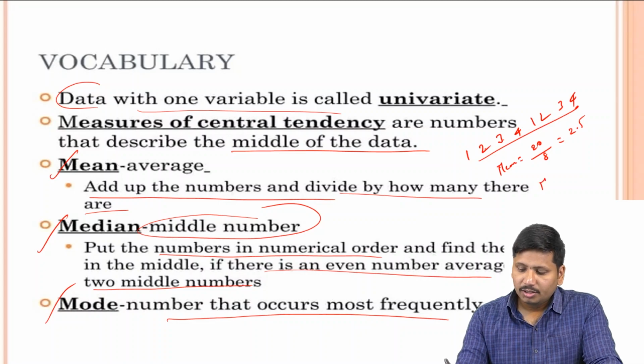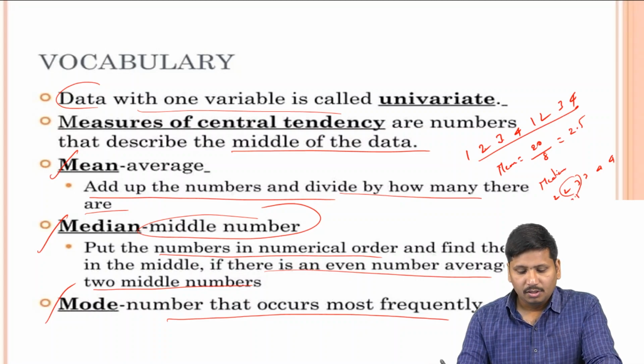And then median: how is the median going to be calculated? We have to arrange all the numbers in sorted order, and calculate the middle element. This should be the middle element, that should be 2. That should be the median of this.